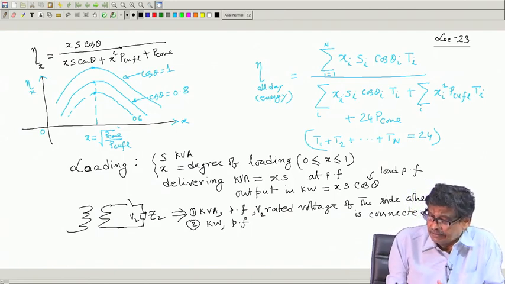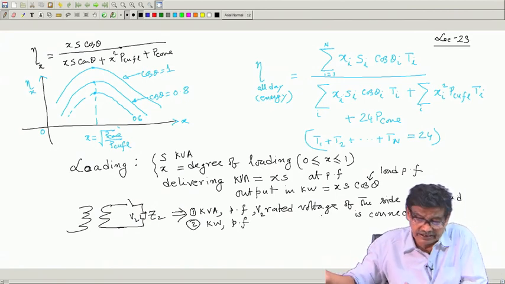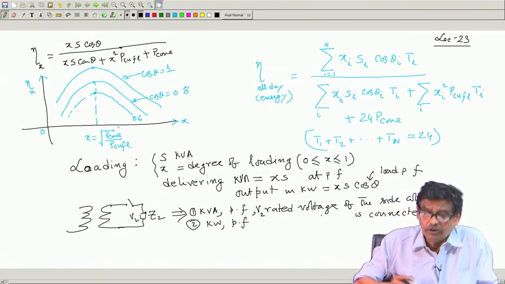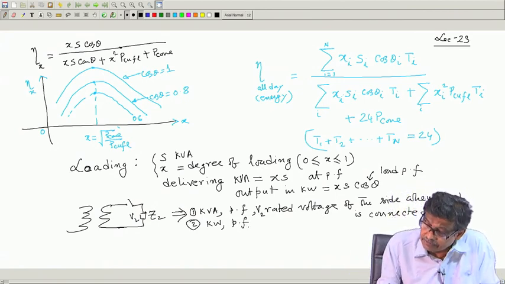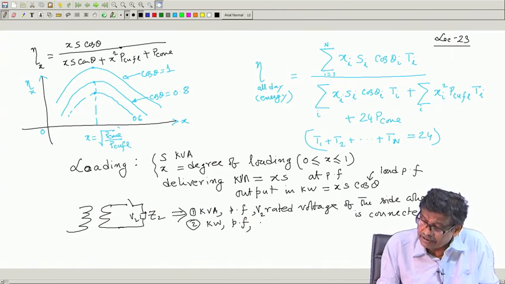But generally kVA, power factor and the voltage at which that kVA is delivered will be specified. Similarly, it will be kilowatt, power factor and V2.